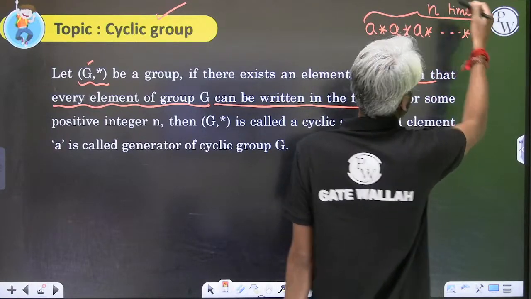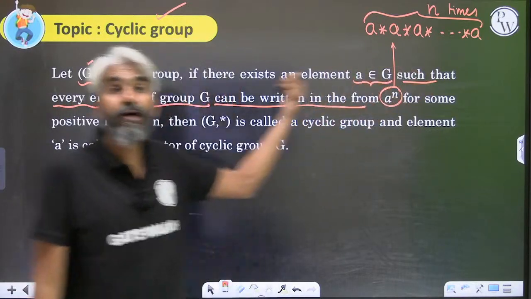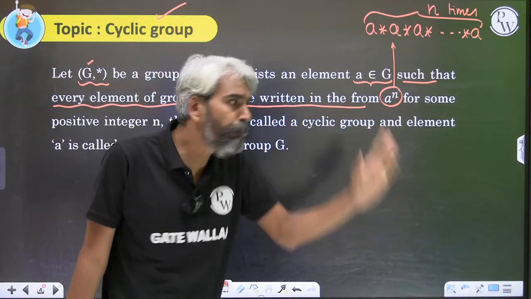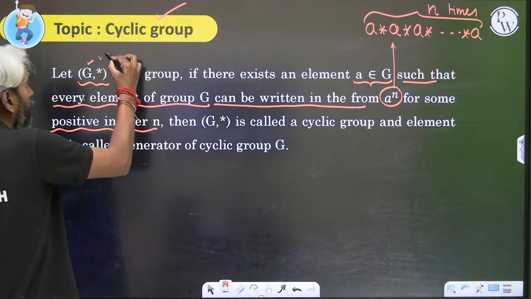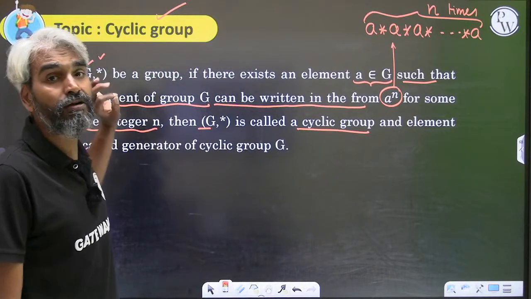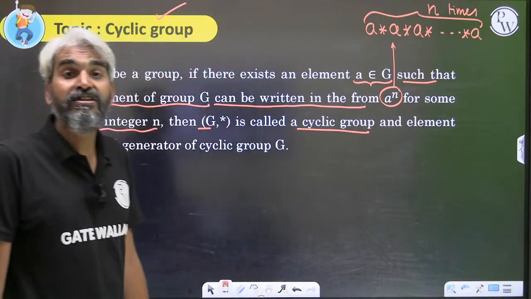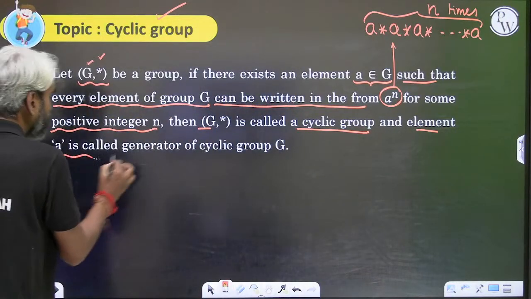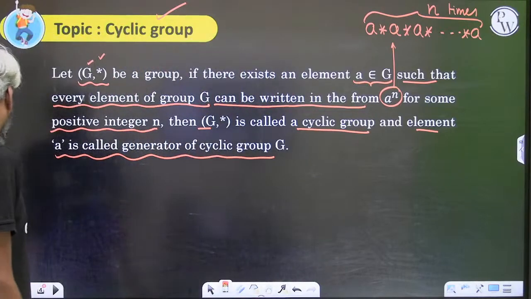So, if there exists an element A in the group such that every element of the set can be written in the form A raised power n for some positive integer n, then your group will be called a cyclic group, and because we can generate every element of the set from the different powers of A, therefore A will be called the generator of this cyclic group. So cyclic group, and element A is called the generator of cyclic group G. Now let's try to understand with the help of an example.